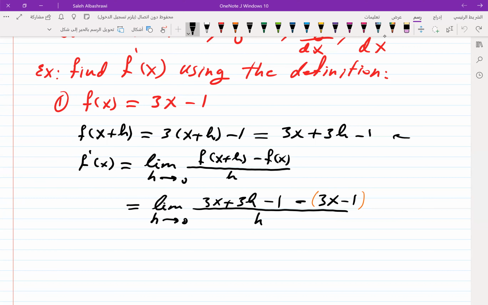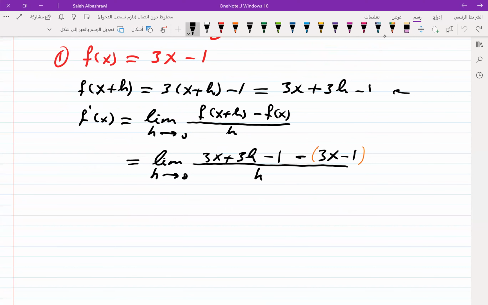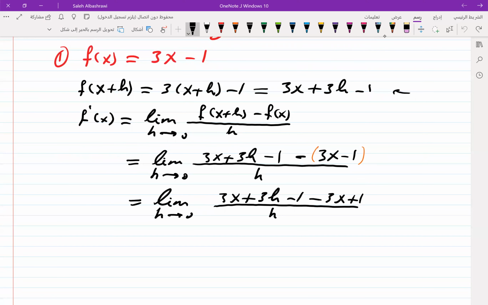Now if we simplify this one, we'll have the limit of 3x plus 3h minus 1, open the bracket, minus 3x plus 1, divided by h, where h goes to 0. And you can see 3x will cancel 3x, and minus 1 with the plus 1.